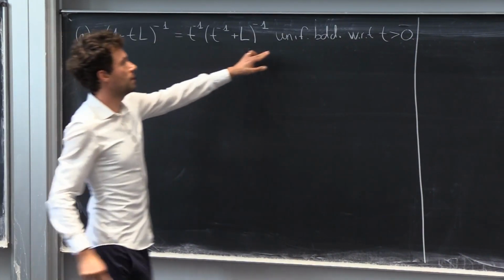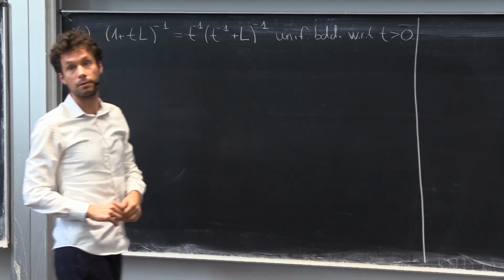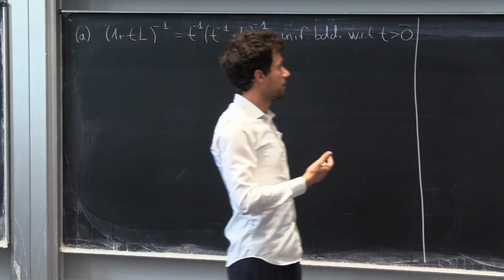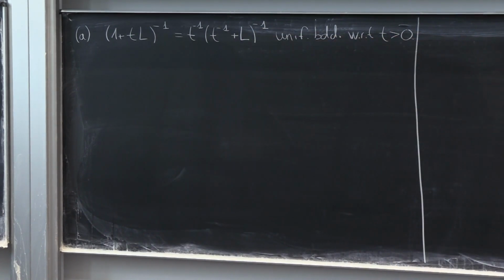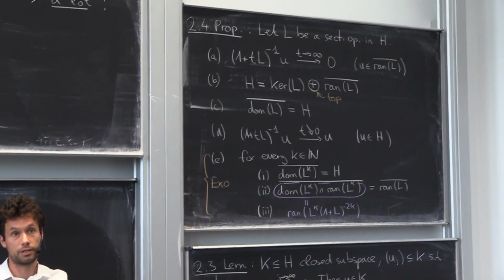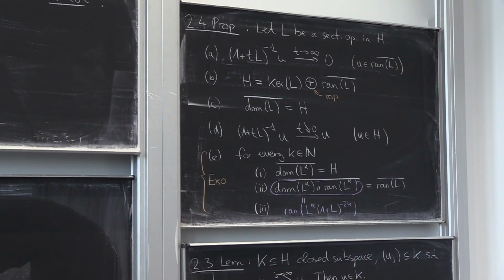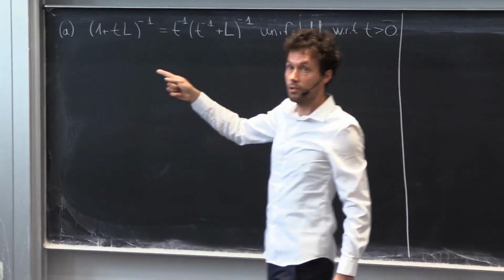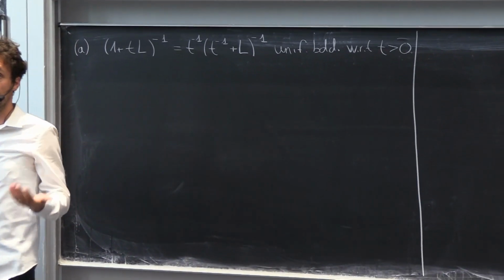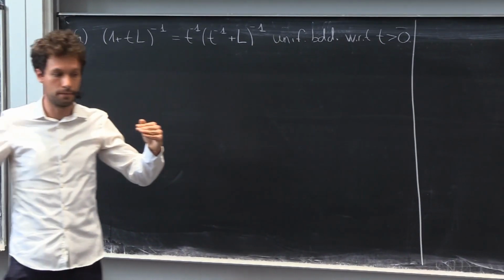Okay, so uniformly bounded with respect to positive T. So why do I say that? I say that because I have to prove a strong convergence over there for every u in the closure of the range. But because this family is uniformly bounded, it's okay to only check it for u in the range. Then the extension to the closure is for free.